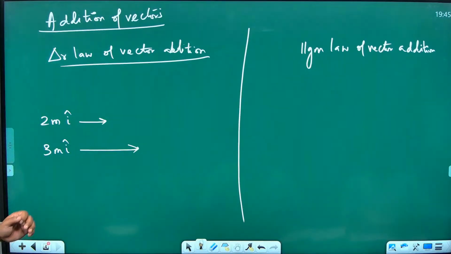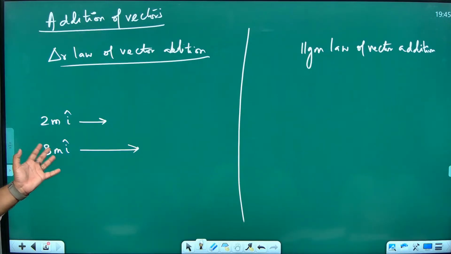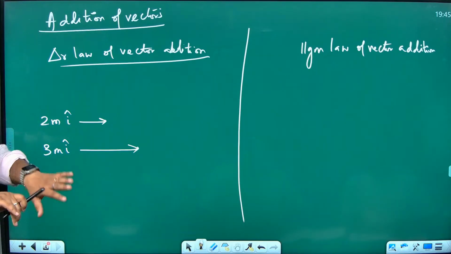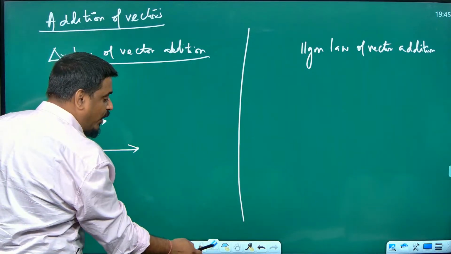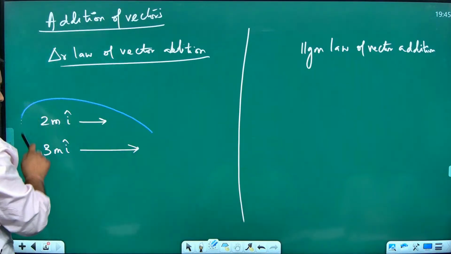It means the magnitude of a vector is represented by its length, but we cannot do that in higher classes, because everything will be vectors. If we keep on drawing lengths, then our notebook will fill with lines only. So now we will not make the length of the arrow represent its magnitude.